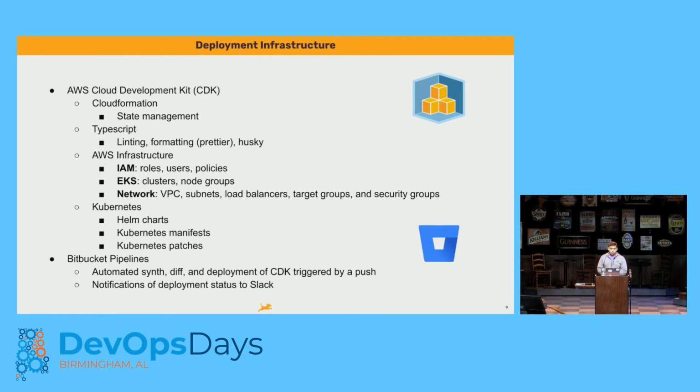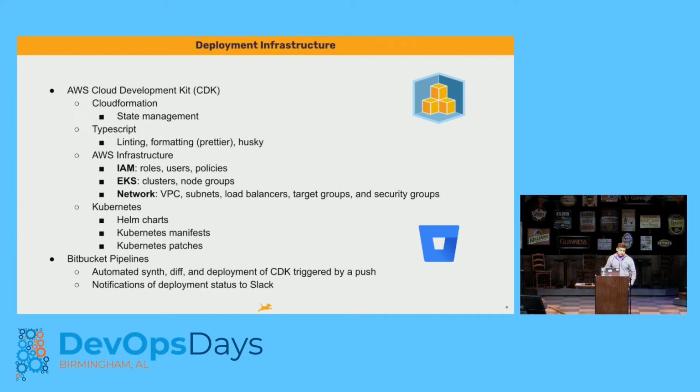One was we wanted state management, and all of our existing deployment tooling was based on Ansible, which is fantastic, but it has no state. So we decided to build from scratch in CDK to, one, learn it, and two, get that state management with CloudFormation that's available.